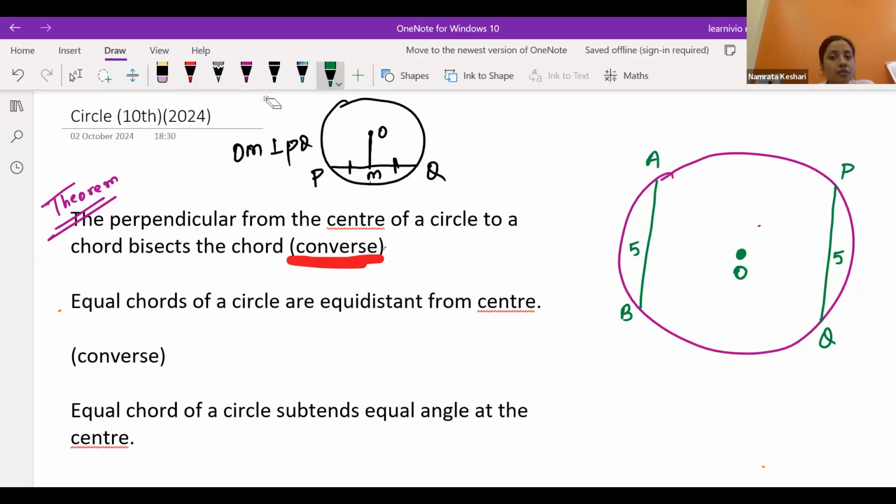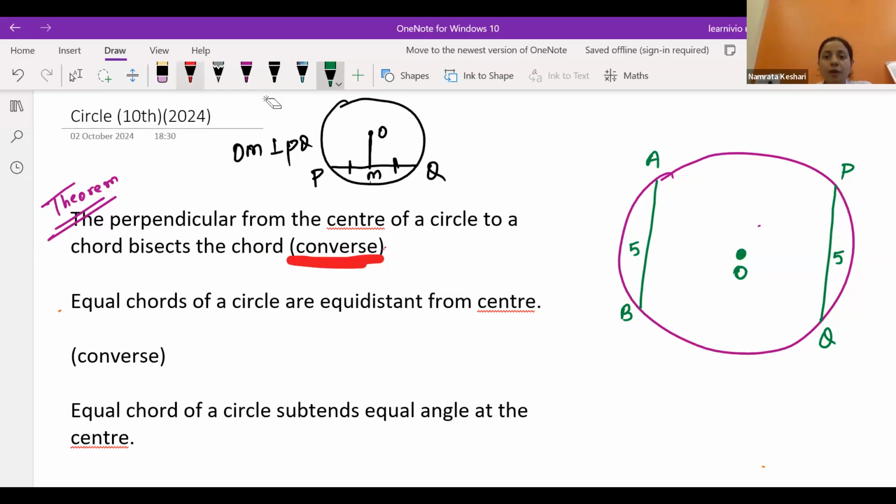Okay, so if we want to talk about the distance of the center from AB, AB is a straight line and O is the center, we are talking about the perpendicular distance.